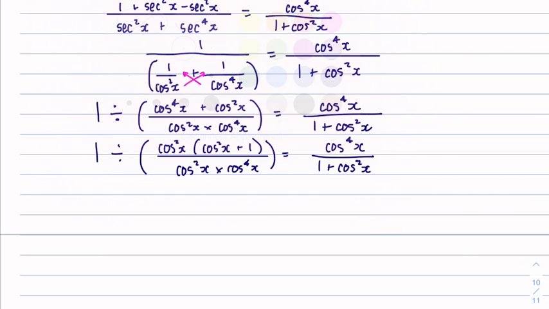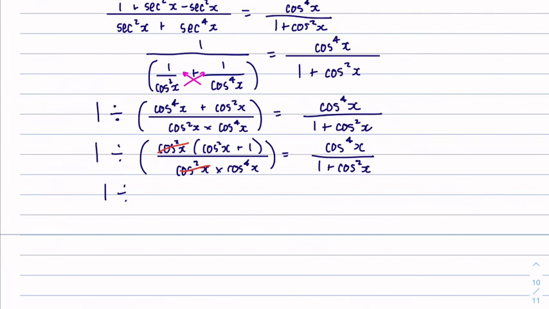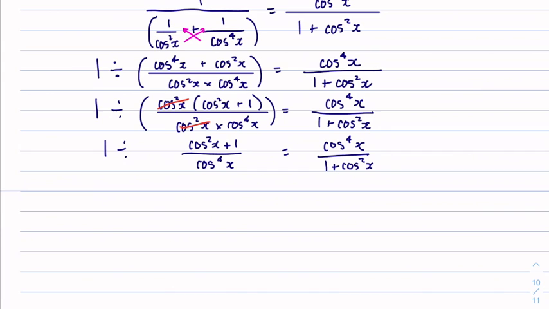Okay, these cancel out, which means I've got 1 divided by cos squared x plus 1 on cos 4x. So this is actually going to become 1 times that, flipping it upside down. We've got cos 4x over cos squared x plus 1 equals cos 4x over 1 plus cos squared x. So left hand side equals right hand side.